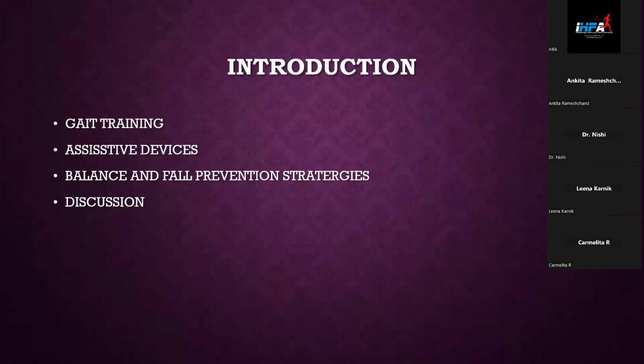Everyone clear? So before going to gait training, does anyone know what gait is? How will you define gait? And why is it important for a physical therapist or an occupational therapist to understand gait in a geriatric population?